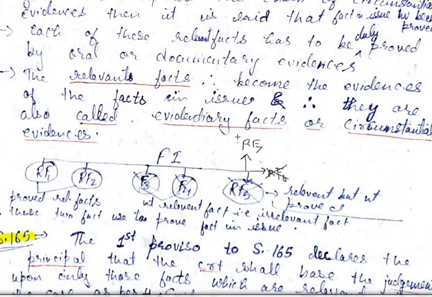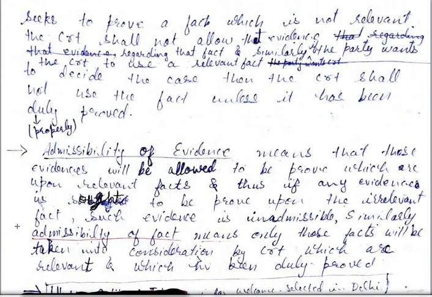As far as the admissibility of facts is concerned, only those facts are taken into consideration which are relevant and which are duly proved. Means only those facts will be admissible in order to prove the fact in issue which are relevant and duly proved. So that is meant by the admissibility of facts, and before that the admissibility of evidence. We had already seen that in the previous lecture, and you should write it down also.